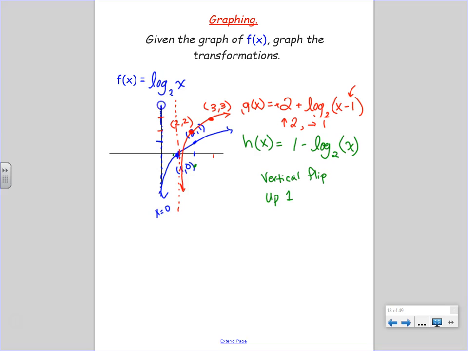This point would stay the same because he doesn't flip at all. And the vertical flip just says, flip them, but I also have to move it up 1. So moving it up 1, I take this point and move him. Does my vertical asymptote change if I'm just vertical flipping and then moving up?